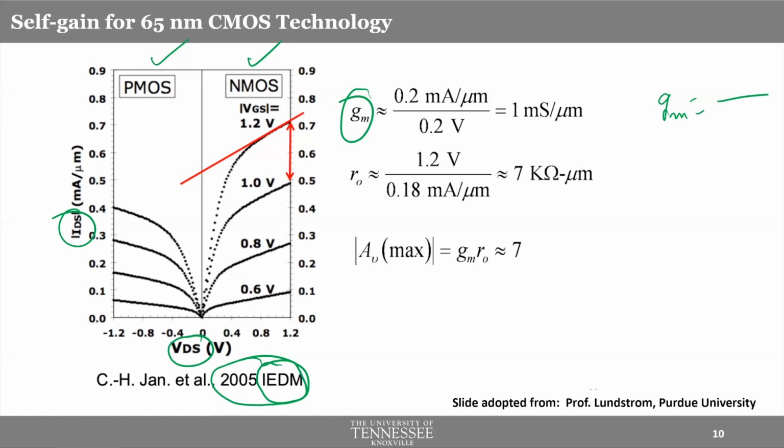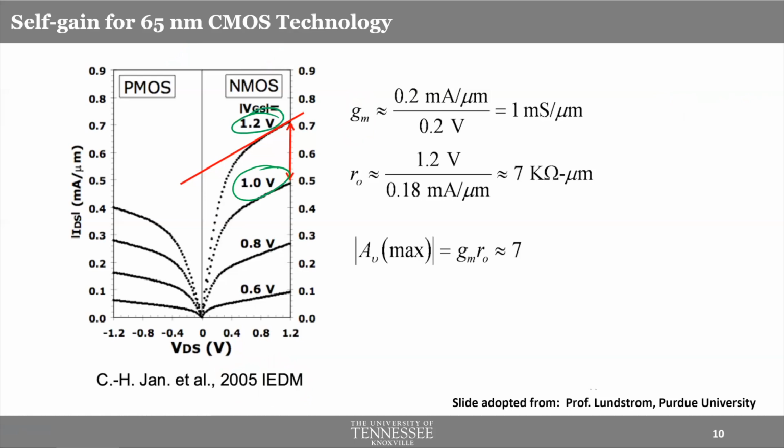So let's take two of these graphs. What do they represent? They represent different VGS values, and that's what you see here. 1 volt is VGS, 0.8 volt is again a VGS, 1.2 volt is another VGS. That's what they mentioned, right? So let's take two VGS values, 1.2 and 1 volt.